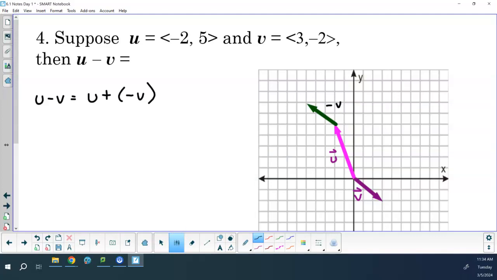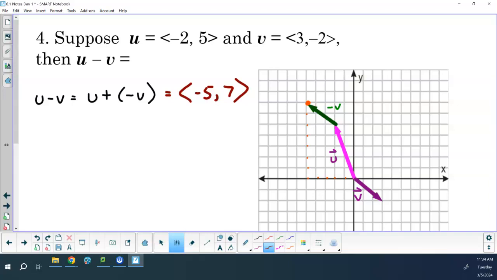Oops, wrong color. So we would be at this point right here then, which would be 1, 2, 3, 4, 5 and 1, 2, 3, 4, 5, 6, 7. Agree with that? Okay.